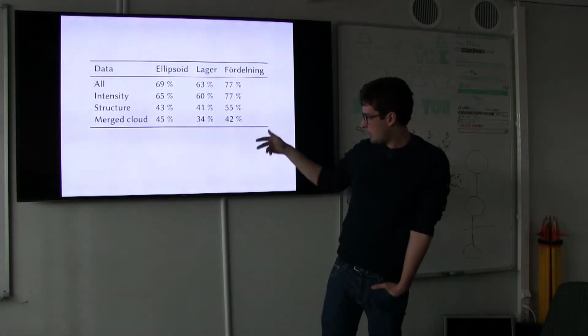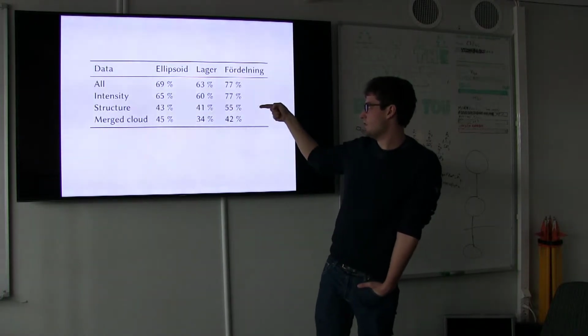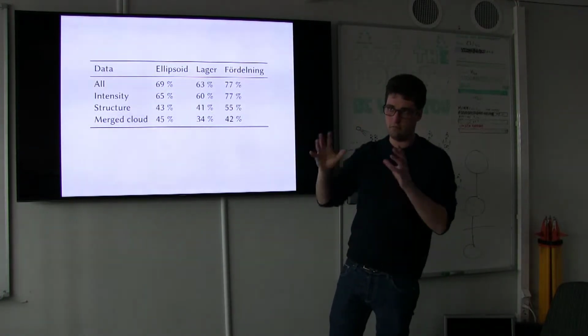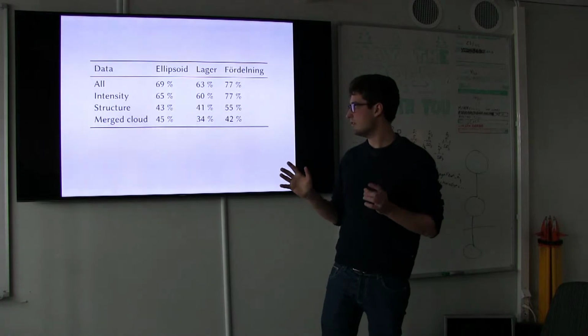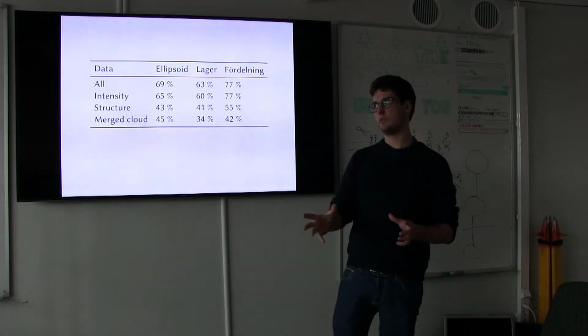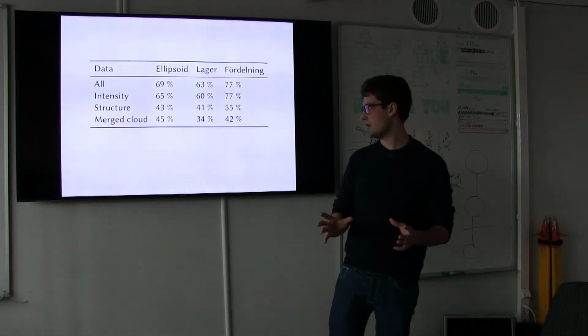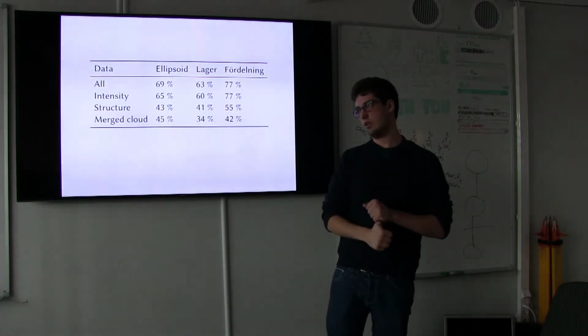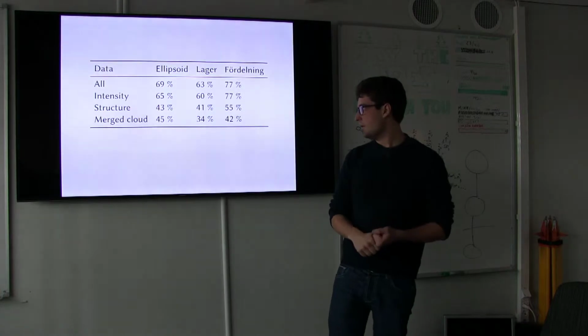And here, in structure and merge cloud. In structure, I subsetted the structure metrics for different channels. In merge cloud, I put all the clouds together into a 160 points per square meter density cloud and made only structural metrics on that cloud.